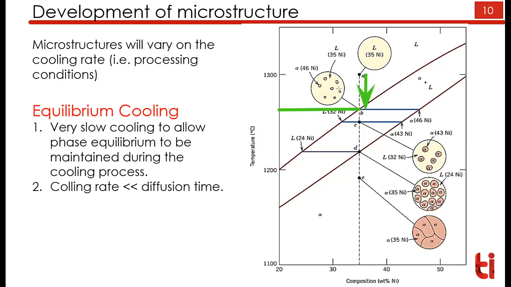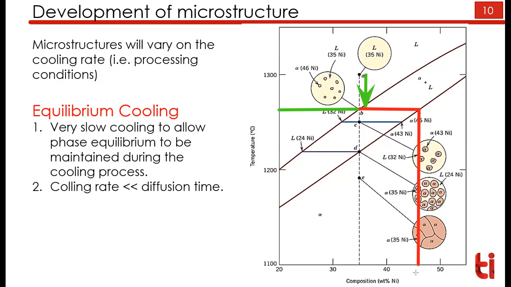Now I have written here that the liquid has 35 weight% nickel and alpha has 46 weight% nickel. Why? How? That information we get from the lever rule. From that temperature, I draw a line. This blue line I have drawn, I am drawing over it in red. One side touches my liquidus, one side touches my solidus. From there, if I draw a line below, it will cut somewhere here on my x-axis.